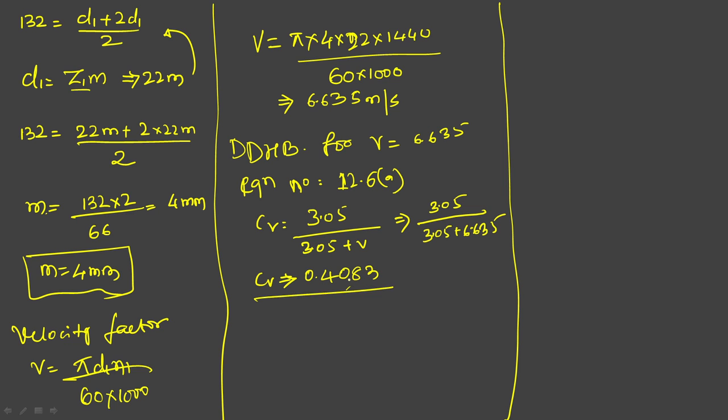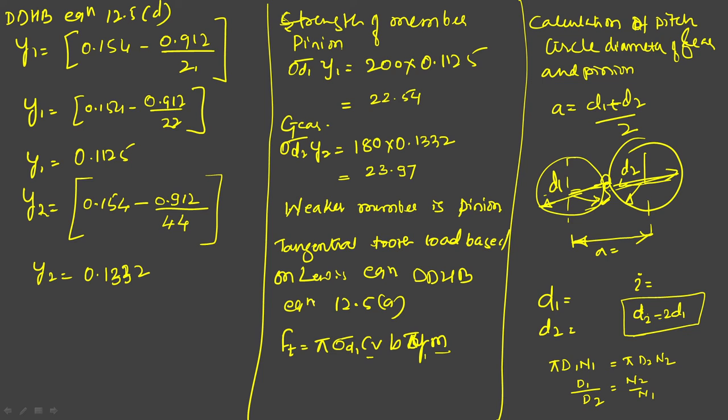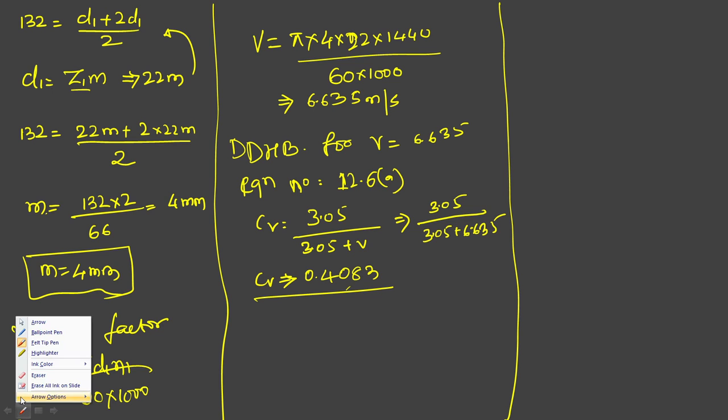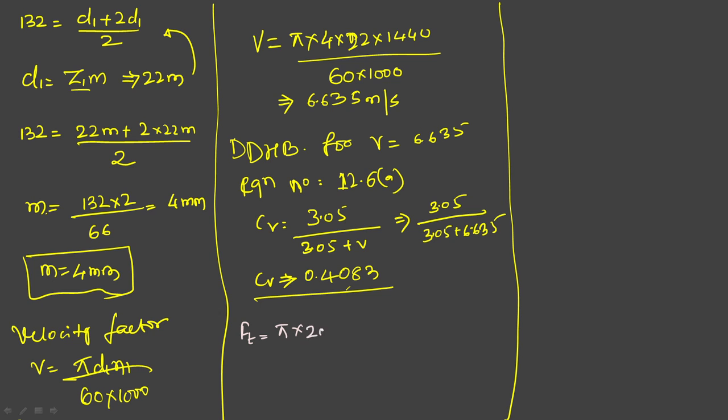0.4083. I think now you have all parameters to find out the value of FT. Now you substitute: FT equal to pi sigma D CV.